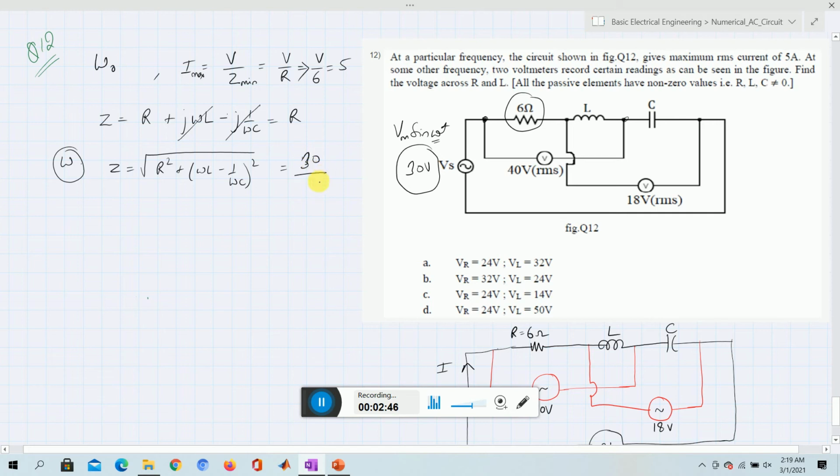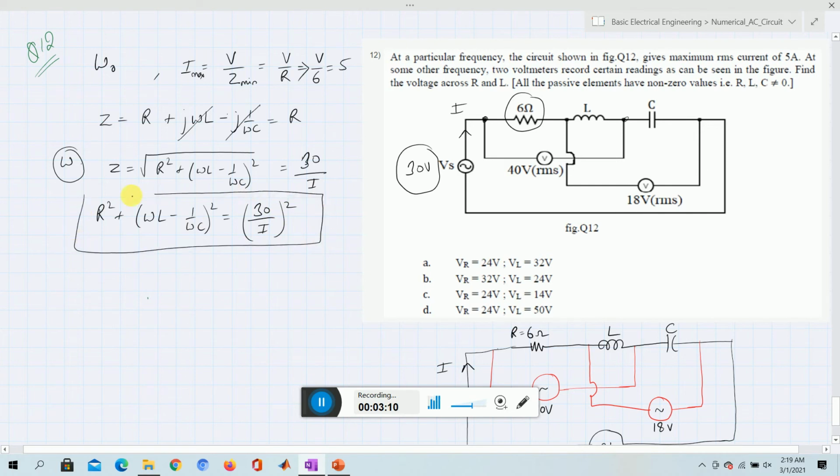And since we do not know what is the current flowing through the circuit at that particular frequency, we can write here I. So we can write R square plus omega L minus 1 by omega C square is equal to 30 by I whole square. So this is one equation we can get.